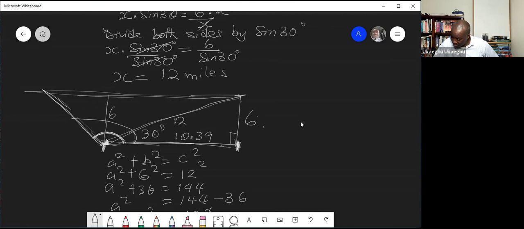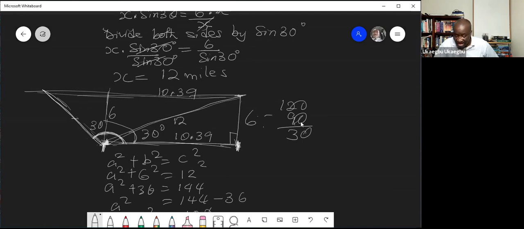So the other side of it is going to be 10.39. So now the whole of this is 120. And if you take away 90 on this side, the remaining side is 30 degrees. So 120 minus 90 is 30 degrees.